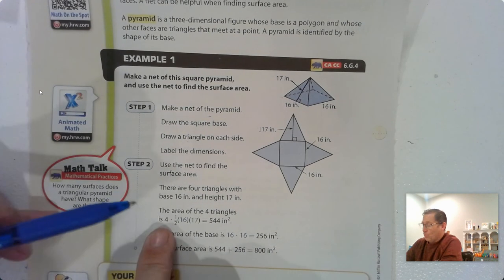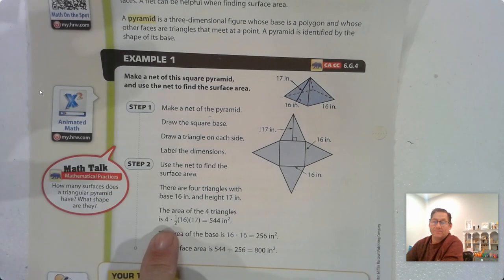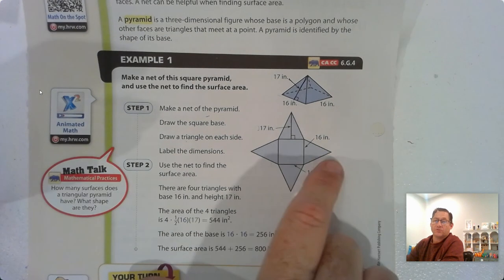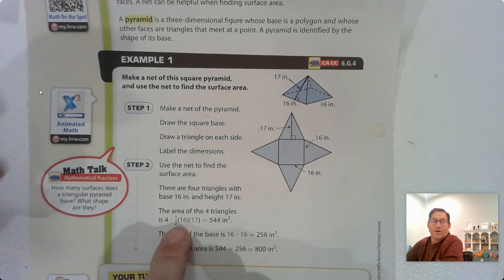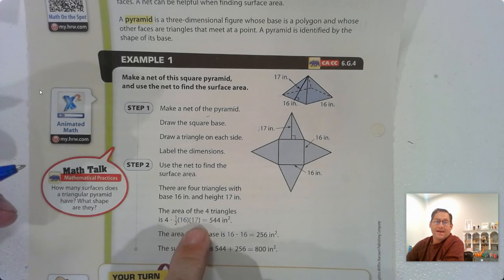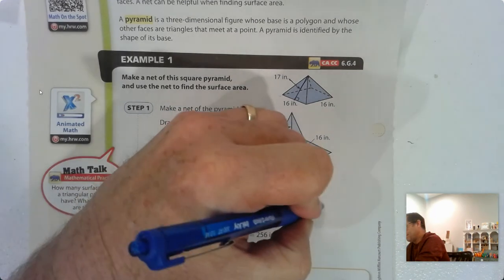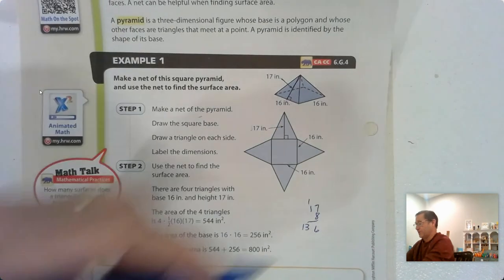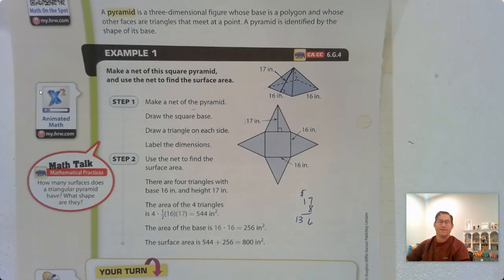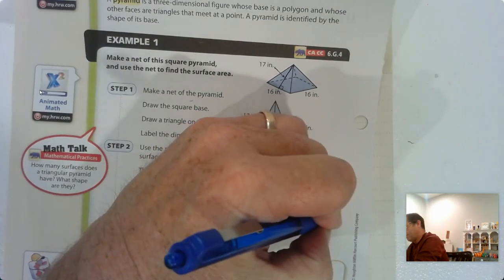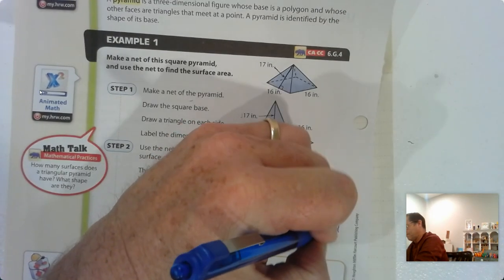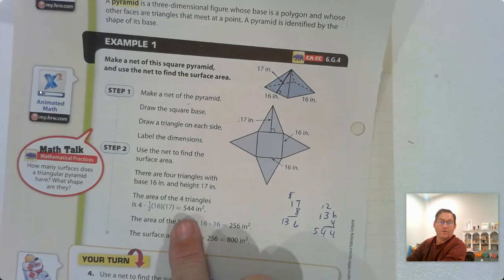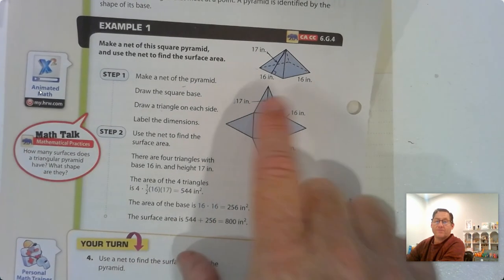So 4 times the area of one of the triangles. All of these triangles are equal in this case. Well, half of 16 is 8. 8 times 17 is 136. And 136 times 4 is 544 inches squared. So that's the area of the triangles.